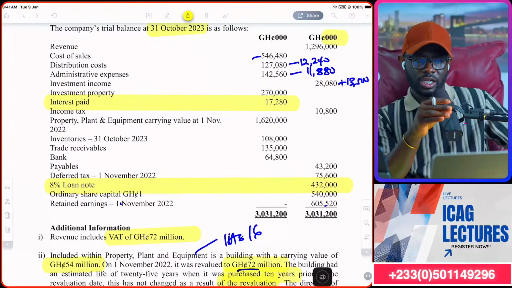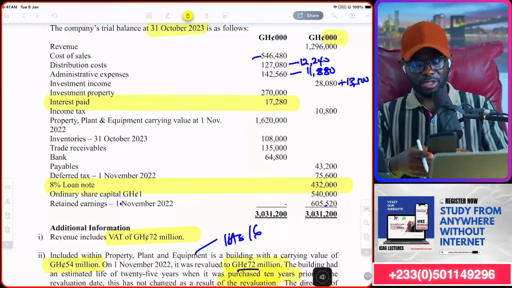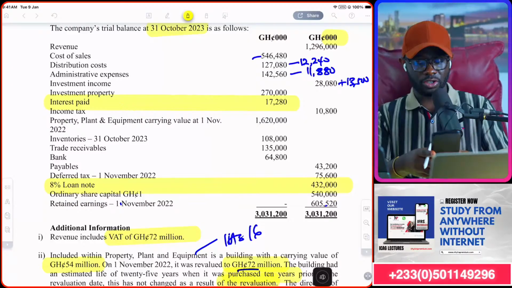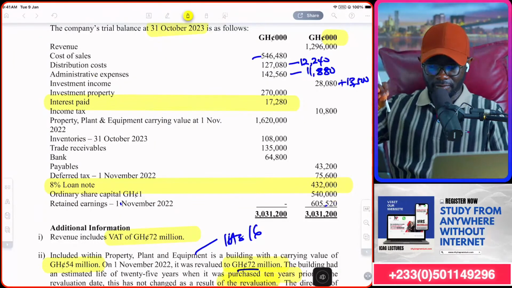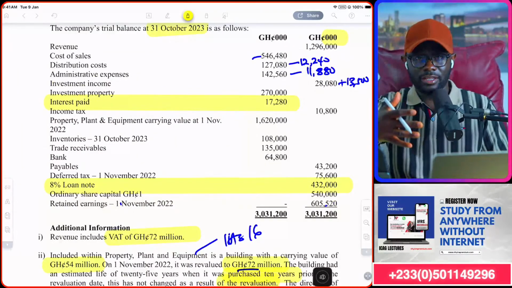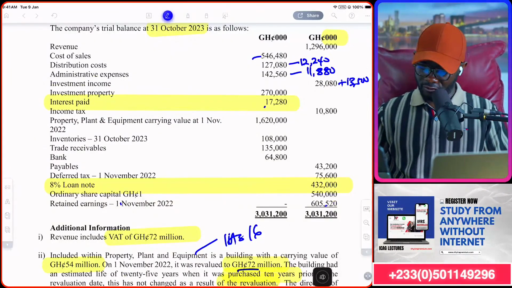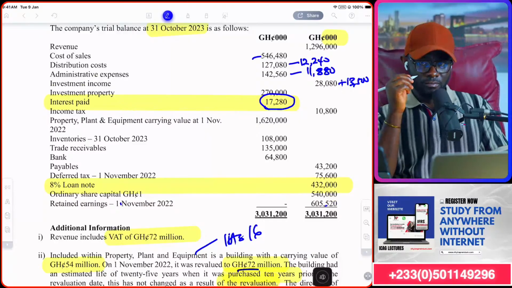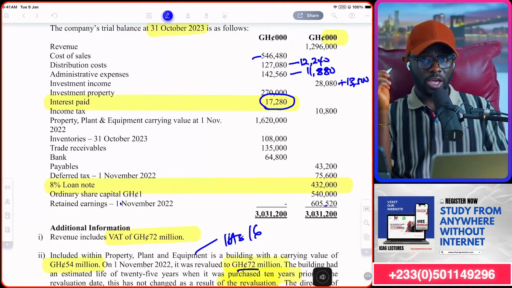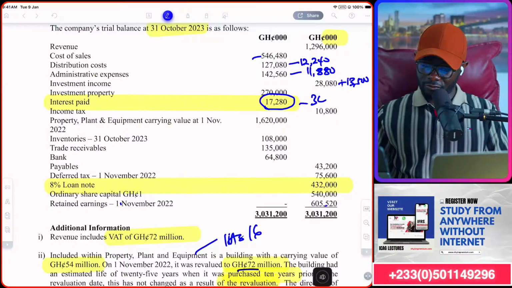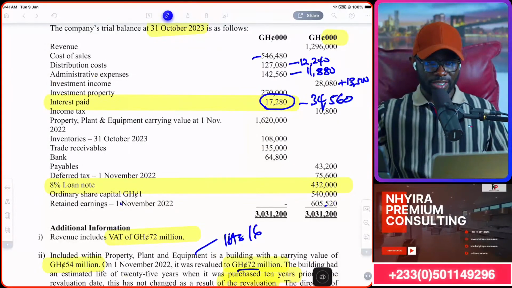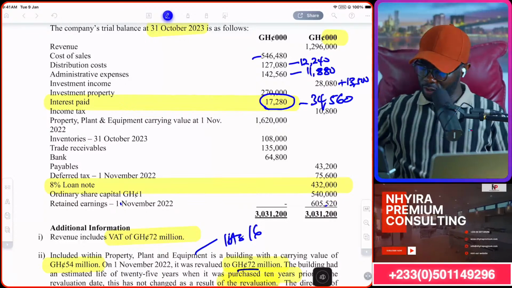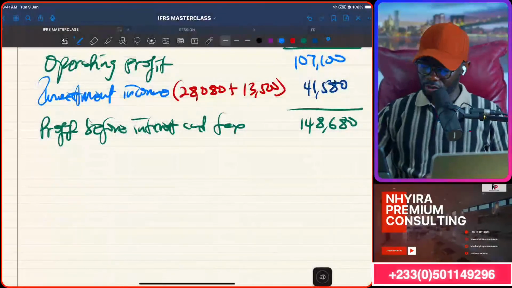So let's see. 0.08 times 432,000 is 34,560. That is the total interest payable, but they've paid 17,280. So the remainder of that will be under current liability on the face of the statement of financial position. So I'm going to be doing that as well, but we're going to bring the total amount here.